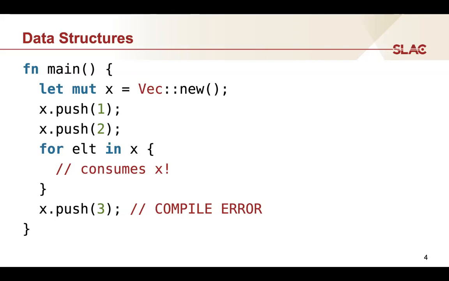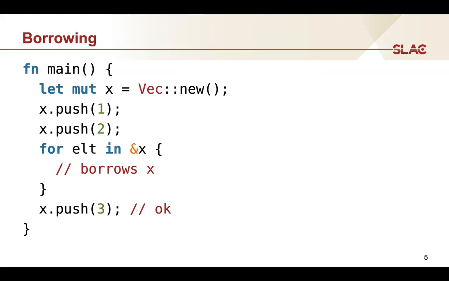There is compile time logic that tracks this, so this isn't a runtime error, this is a compile time error. But that's probably not what you intended to do here. Typically, if you don't want to consume it, you would borrow using this ampersand operator. And then the vector continues to be valid afterwards.